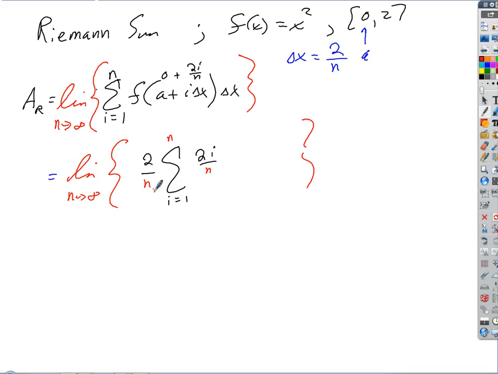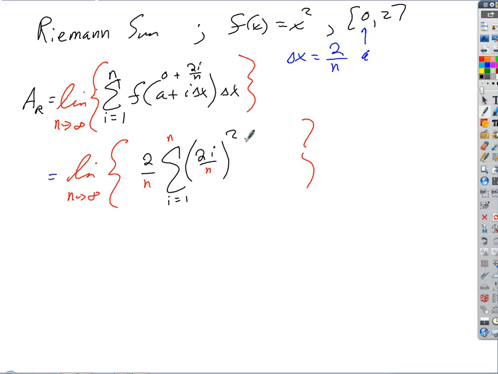i is the index variable, so this has to be squared, doesn't it? So that's the variable of the sigma. Does that make sense? Is the n a variable as far as the sigma is concerned? It is not. The n is a variable as far as what is concerned here? The limit.